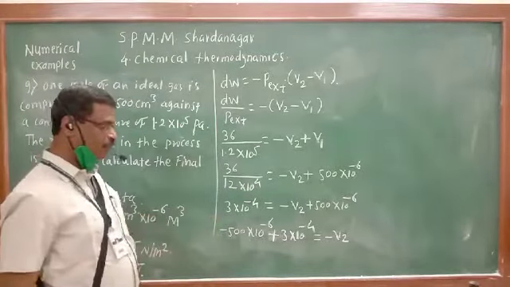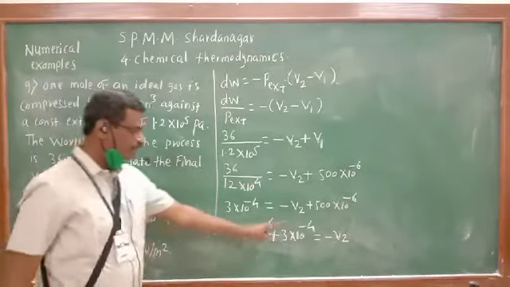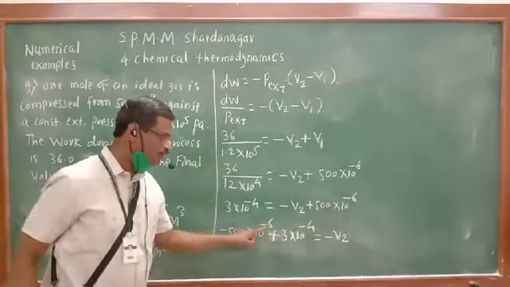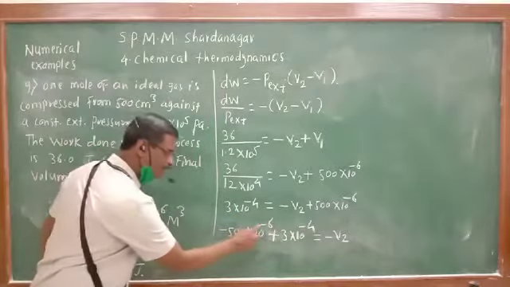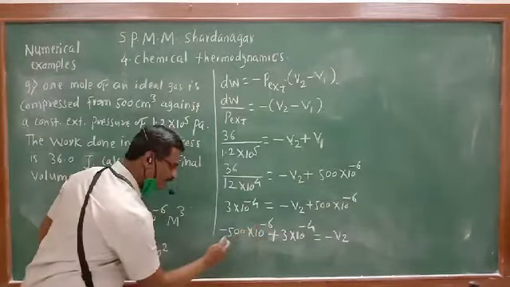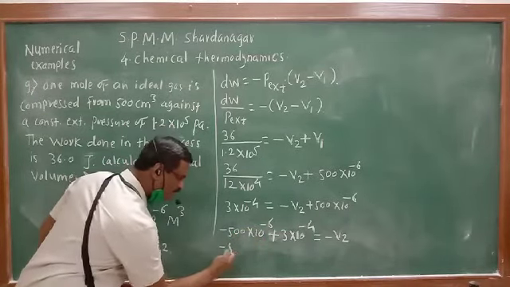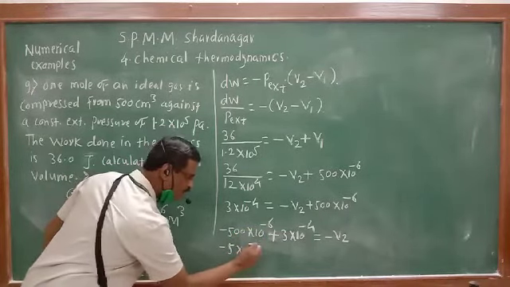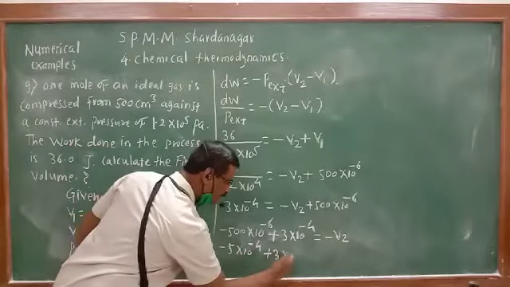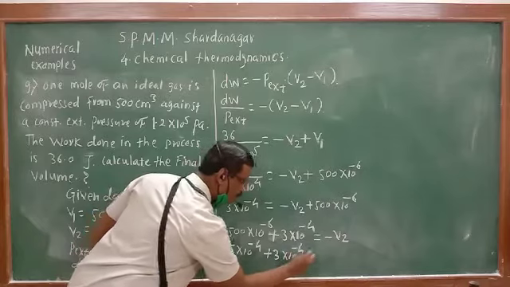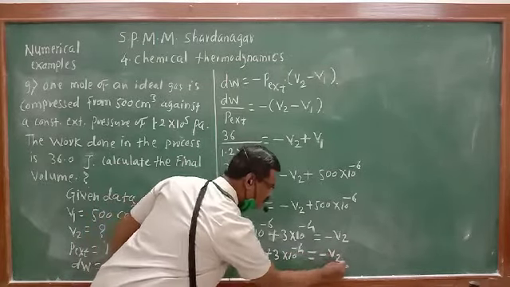Now this part we have to solve. This is minus 4, so also prepare this as minus 4 common. It can be written as minus 5 into 10 raised to minus 4 plus 3 into 10 raised to minus 4 will be equal to minus V2.